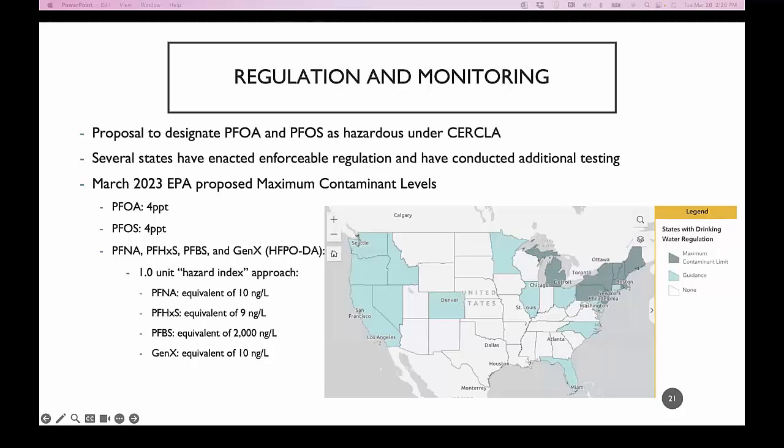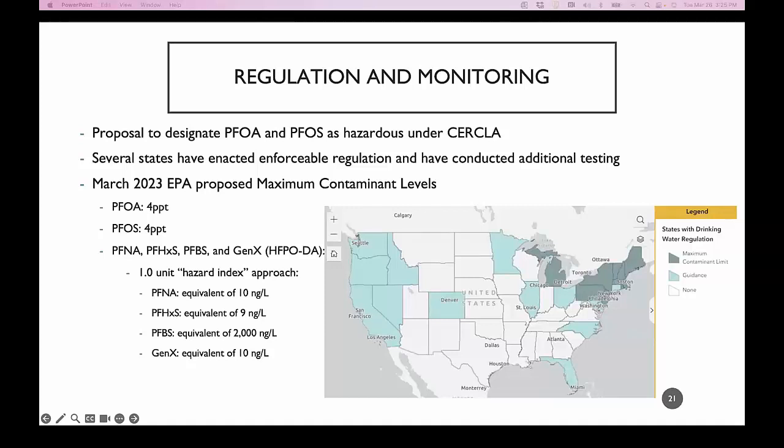As a result of this general vacuum in federal regulation, a number of states have enacted either enforceable or advisory levels for PFAS in drinking water. You see here a screenshot from one of the maps in our PFAS sites and community resources map that we'll show you in a bit.